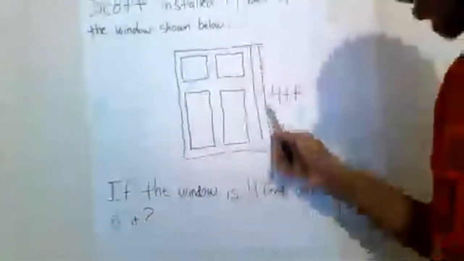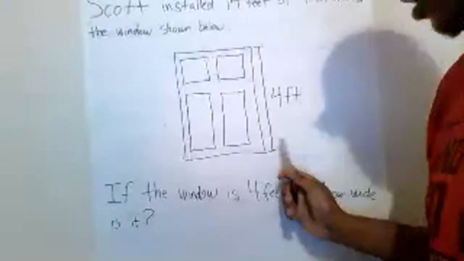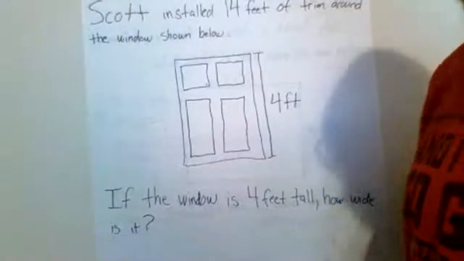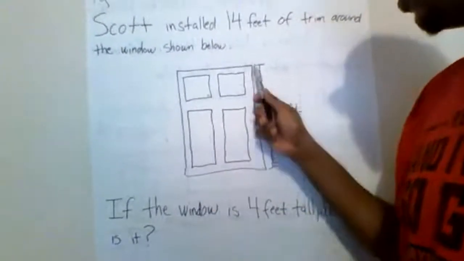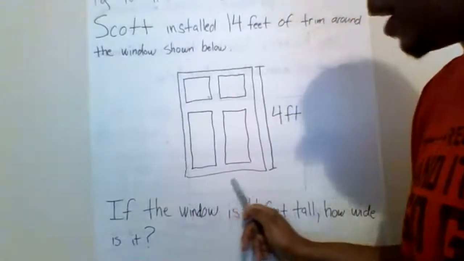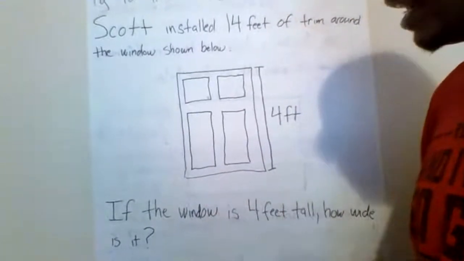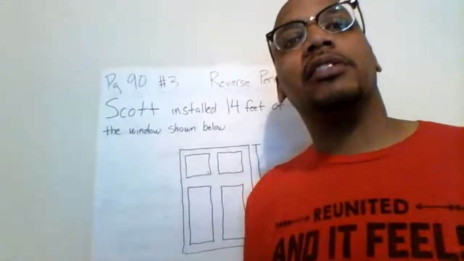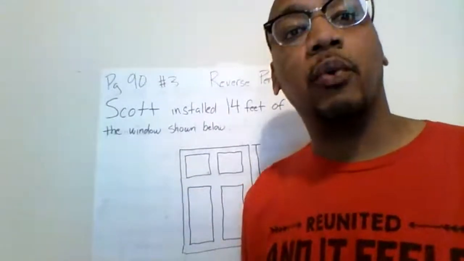But then how wide is it? They gave you the height, how tall the window is, but now you're trying to figure out how wide it is. Based on what they're saying about Scott, this is a perimeter problem.